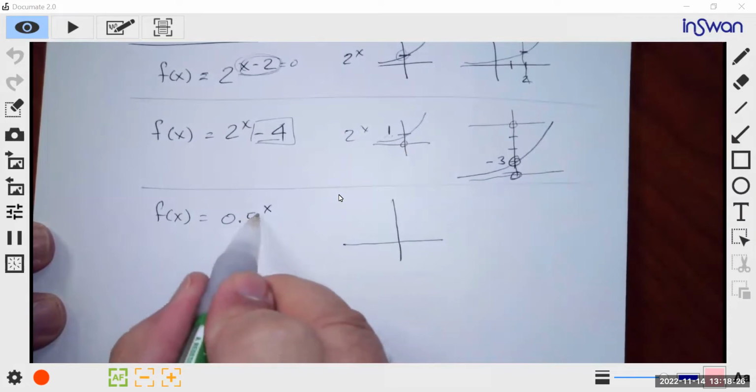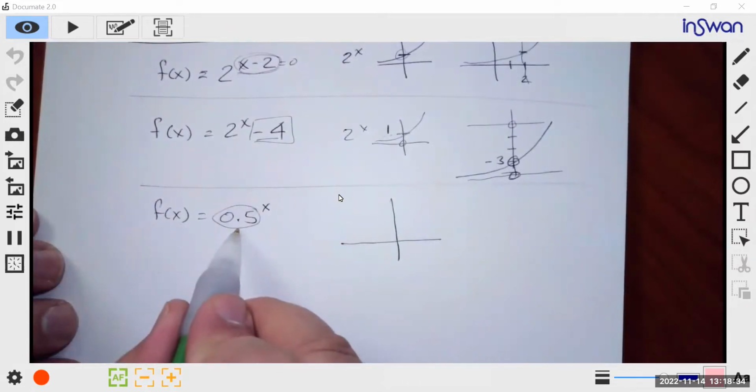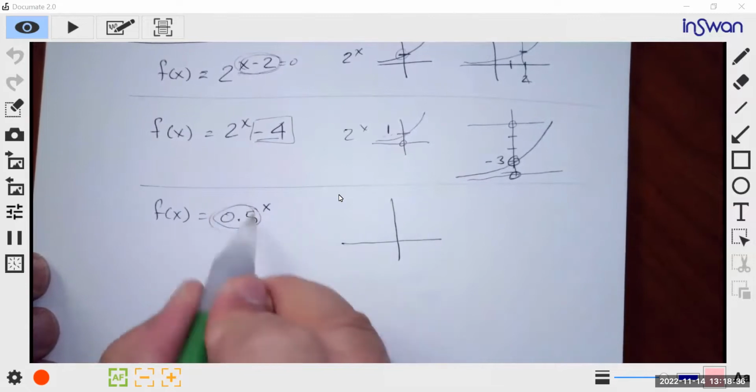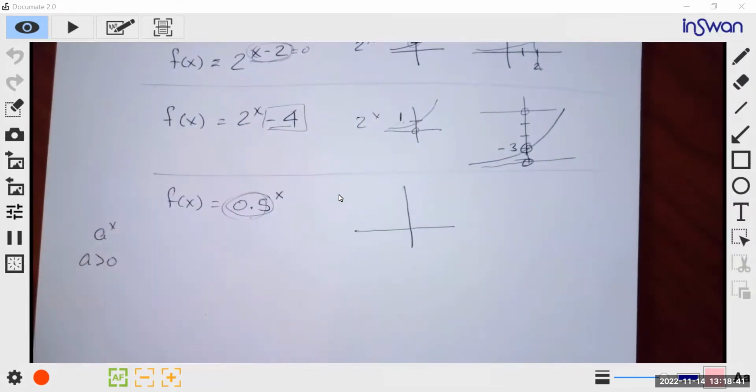But now, what is 1/2? Does that mean it's going to be an increasing or decreasing function? Well, remember, the base has to be positive.